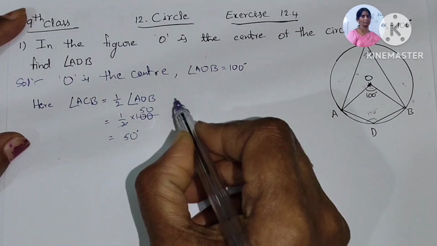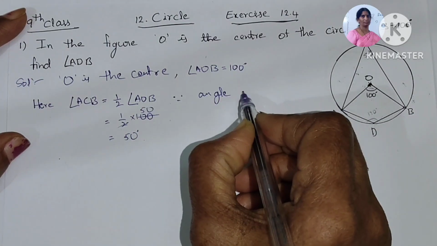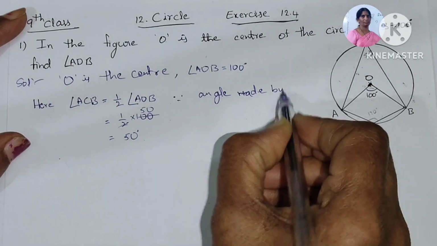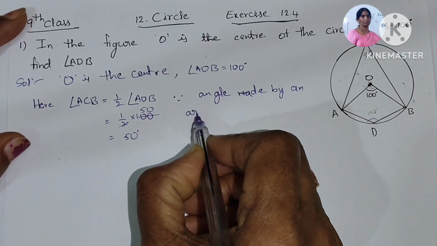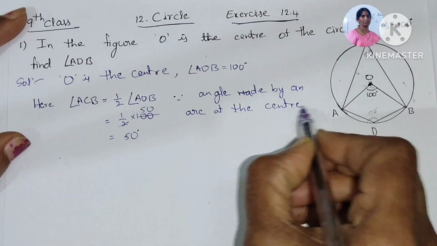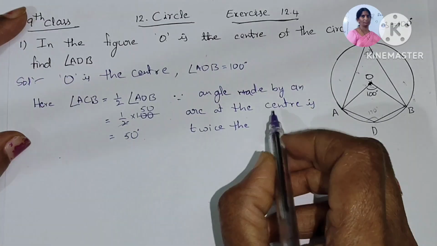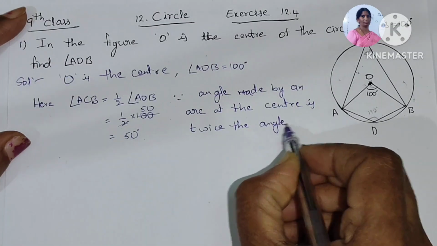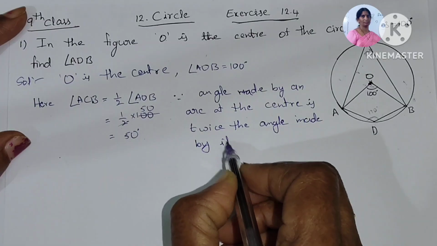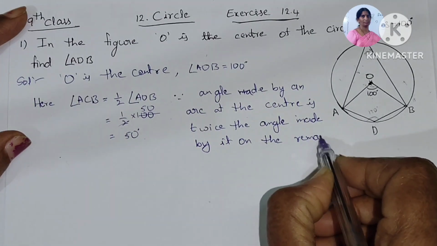So we write the reason. Here, the angle made by an arc at the center is twice the angle made by it on the remaining part.